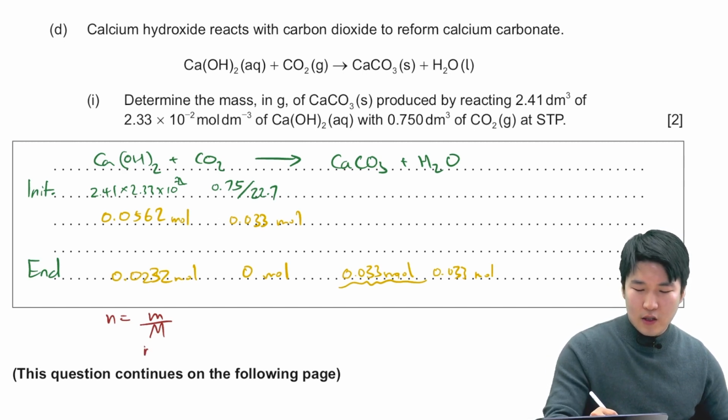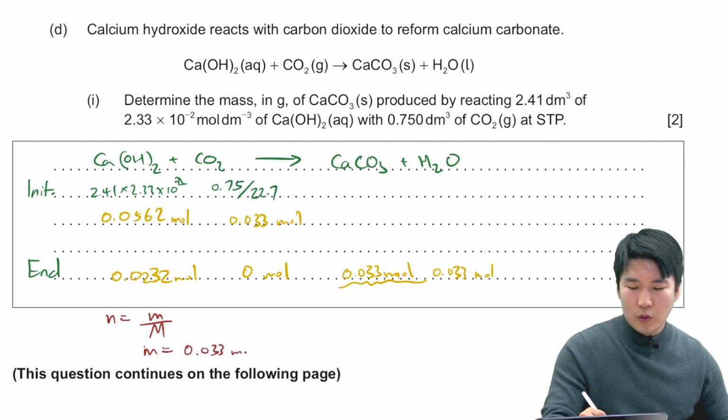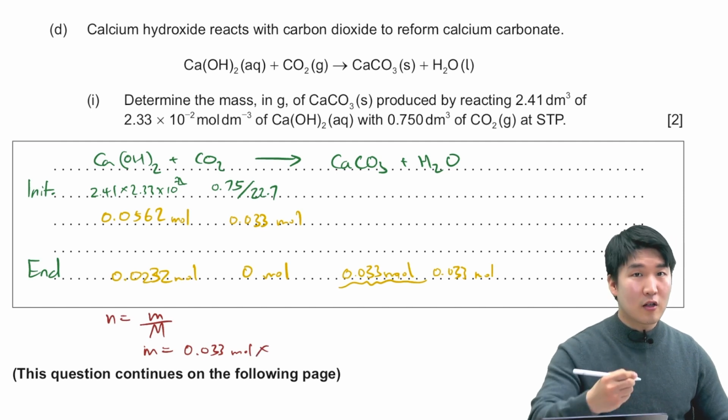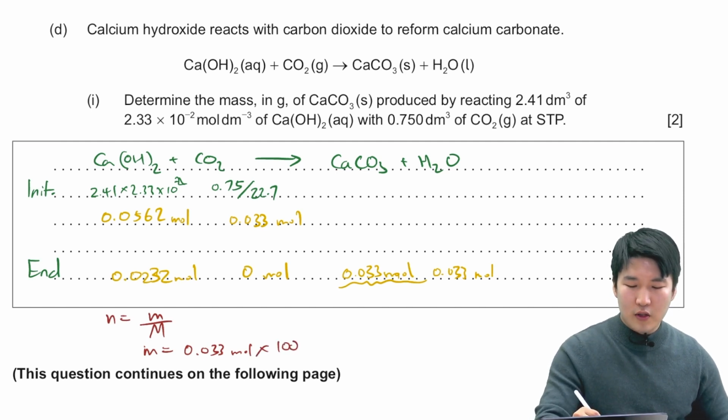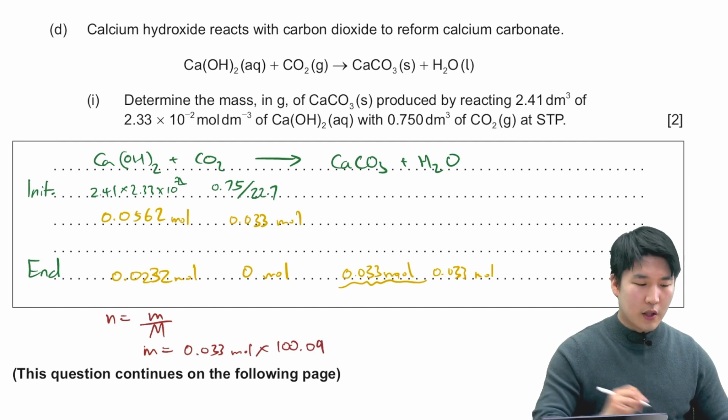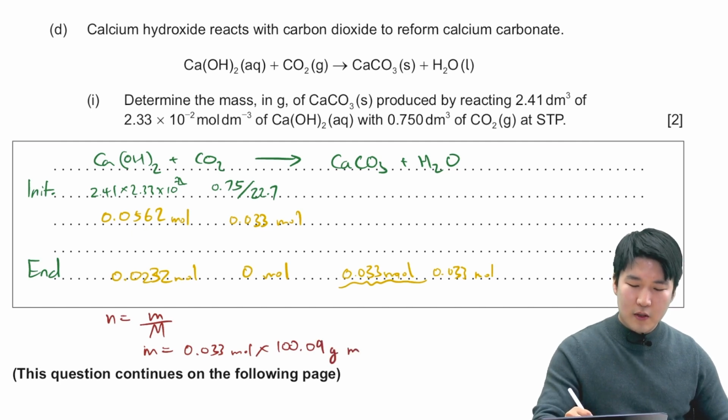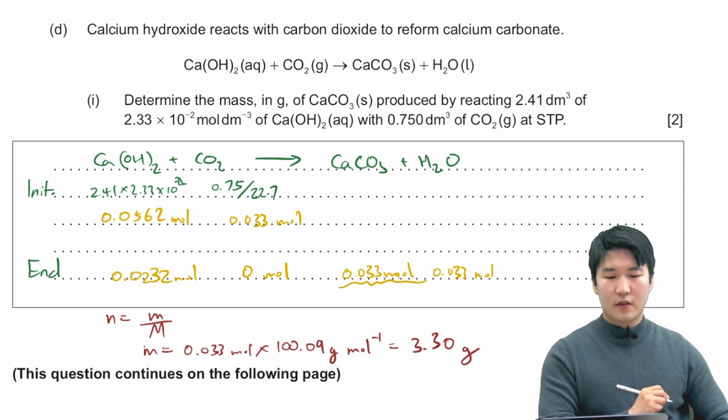Mass is equal to amount 0.033 mole times the molecular mass of calcium carbonate, 100.09 grams per mole. Do the math, and we'll be given 3.30 grams.